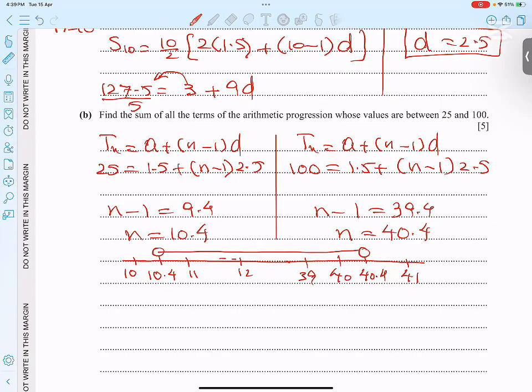Because he said to find the sum of all the terms between these numbers, we have to take from here, because we are taking this number. Now the question comes, do we take 11 or 10? It's very interesting.